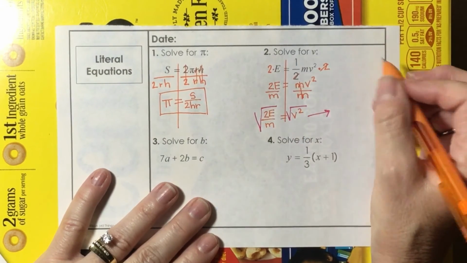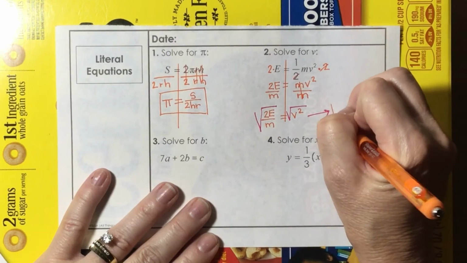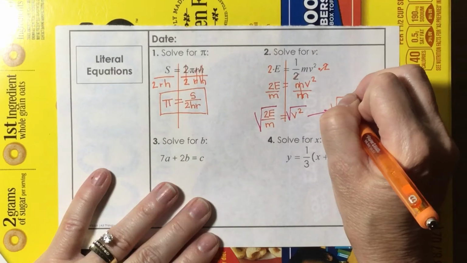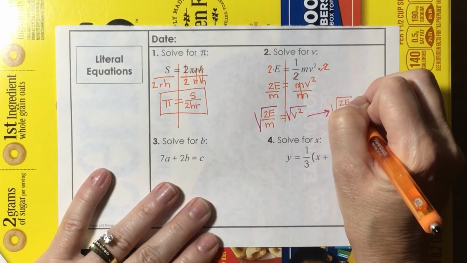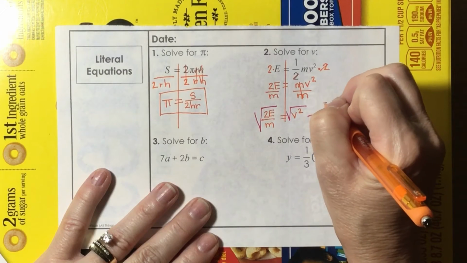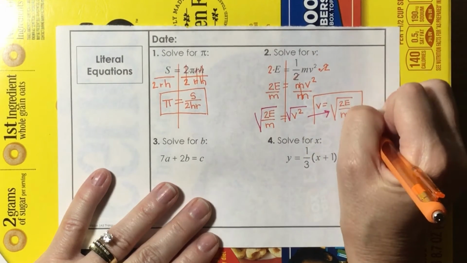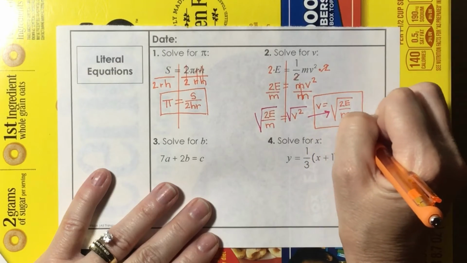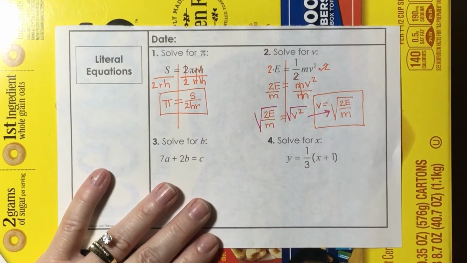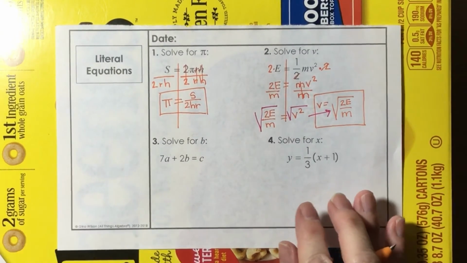Now I can't pull anything out here because I don't have 2 of any kind. So that will stay under the radical sign. So we have 2e over m, and actually I'm going to put my equals v on this side because that's the way it should end up, with the v on the left hand side. And so I just flip them around.